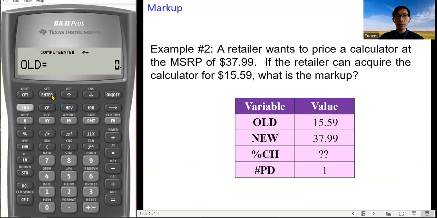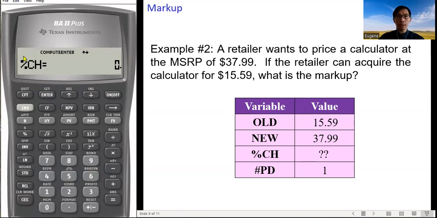Let's key in the variable into the calculator. Variable old, we get 15.59. Enter. And then the variable new, 37.99. Enter. Percent change, we skip that.